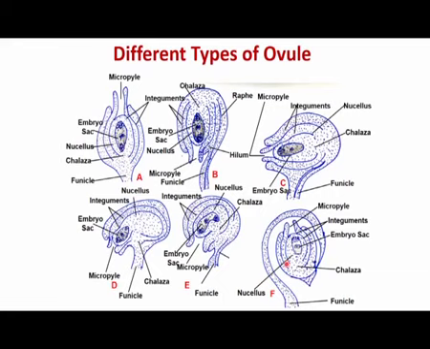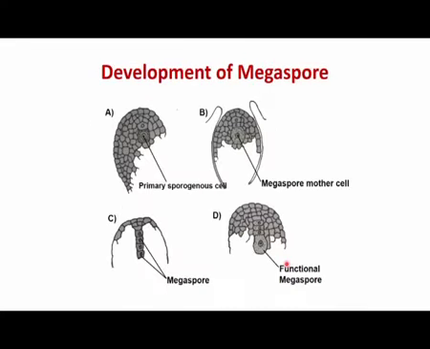As we discussed for the male sex organ, the female gametophyte also develops in a very similar manner. What is the process of formation of the female gametophyte? The process begins very early, when the nucellus is not completely surrounded by the integuments.